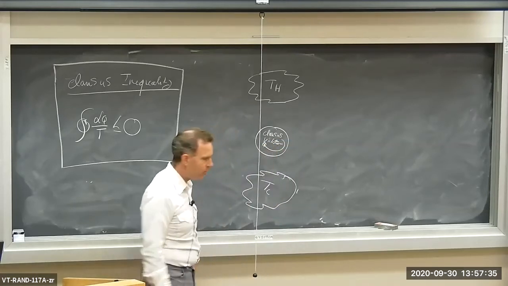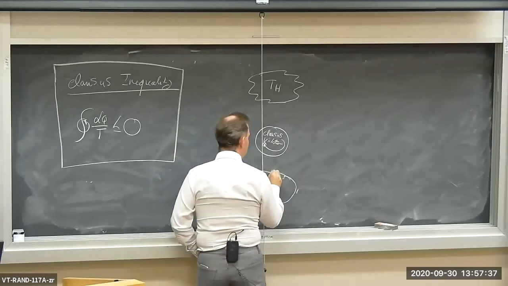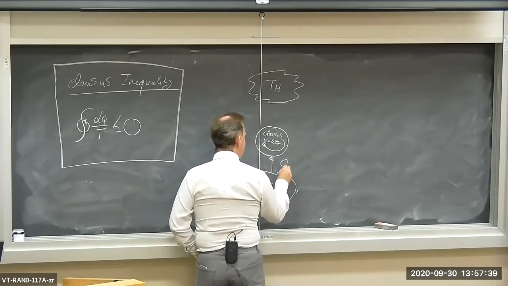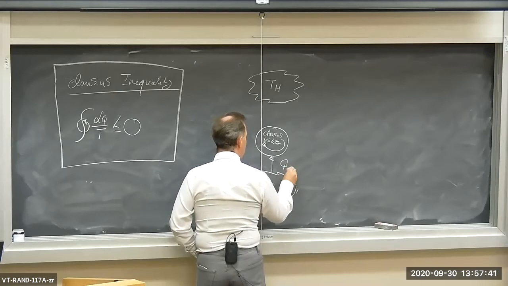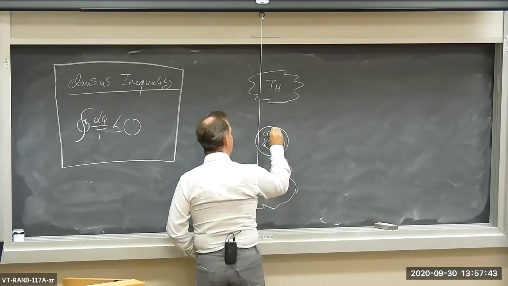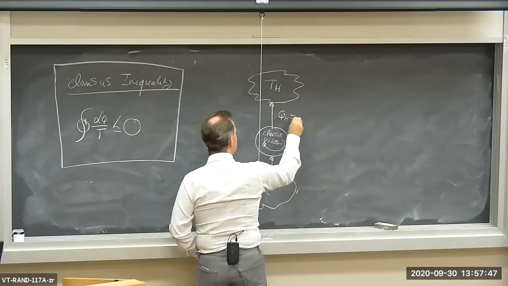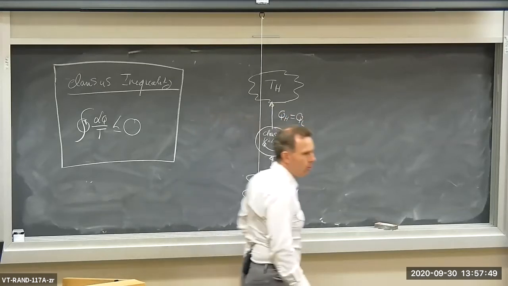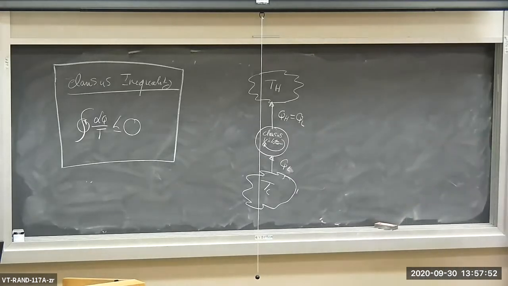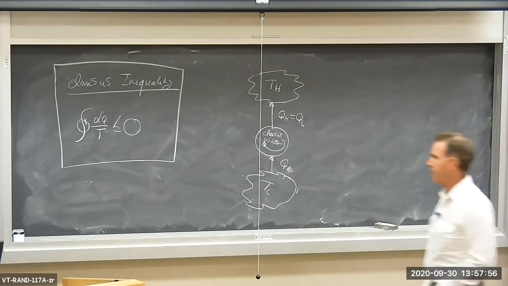What does this device do? It takes a certain amount of heat, QL, from a low temperature reservoir, and magically, without work, shoves it up to a high temperature reservoir. It's not possible. That's why it's called a Clausius Violator.